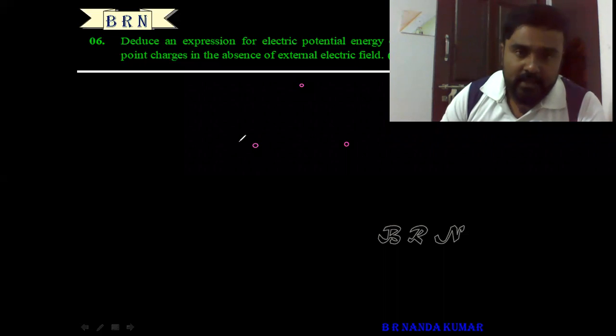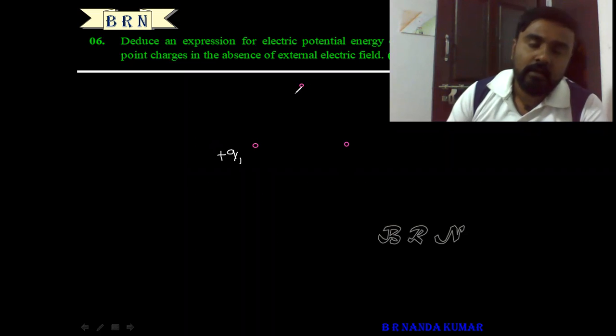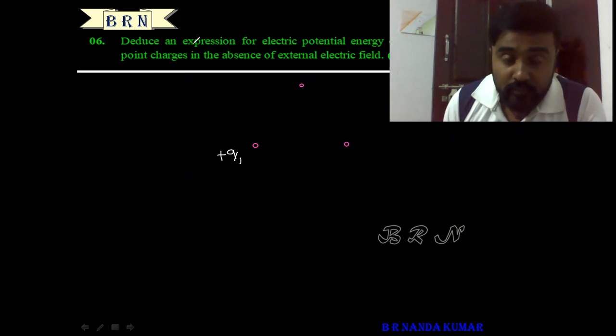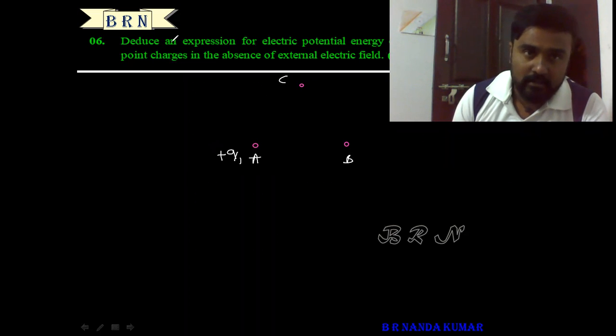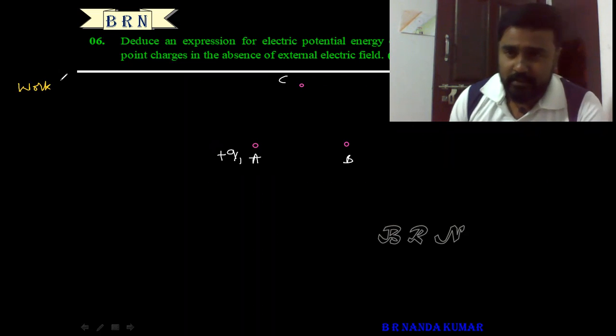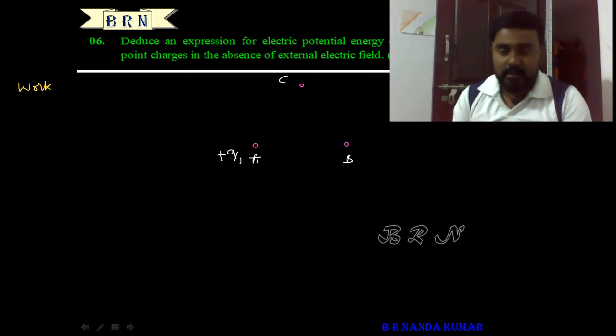The first two steps come the same as before. Plus Q1 charge is moving from infinity to point A. What amount of work has to be done? Work done is 0, right? Because there is no initial electric field.